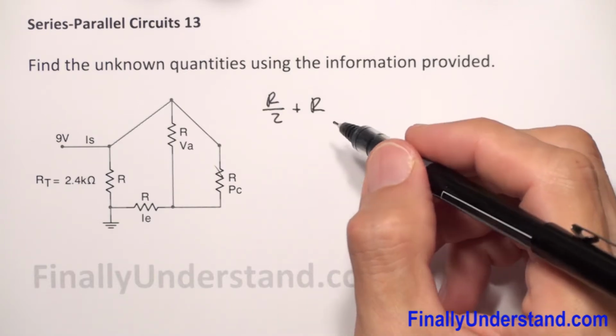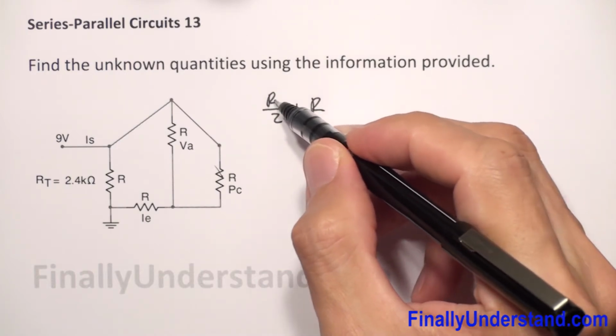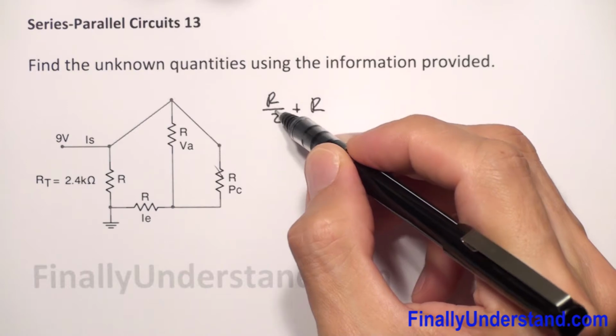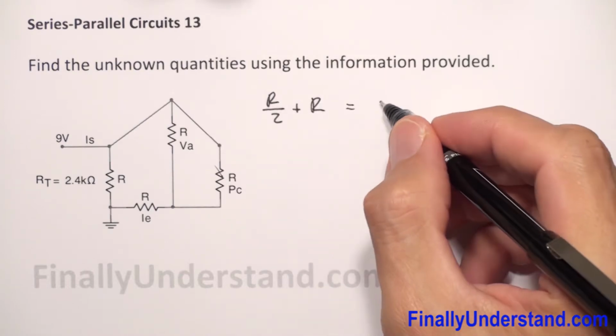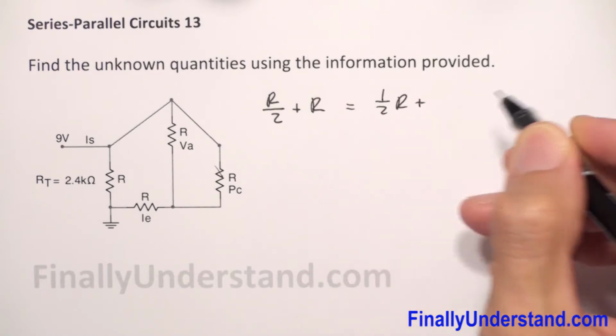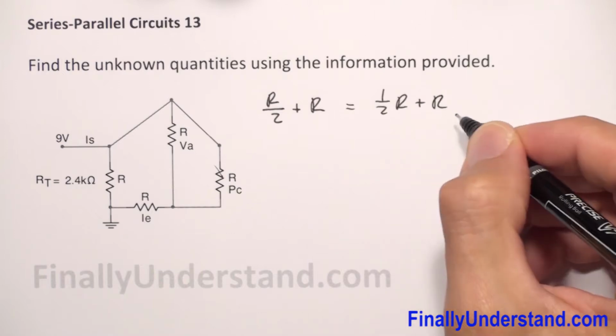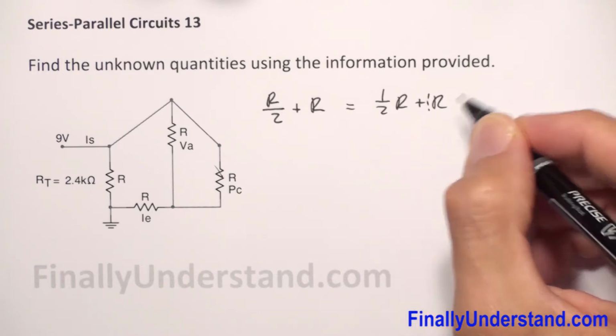Next, you're supposed to realize that one half we can rewrite this like this is like 1/2 R plus R, right? It's like invisible 1 over here.